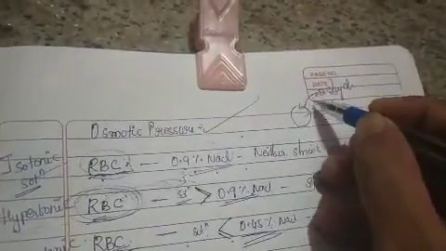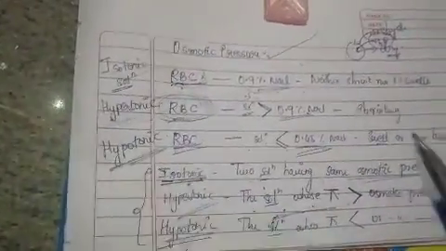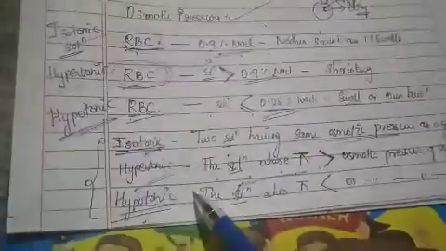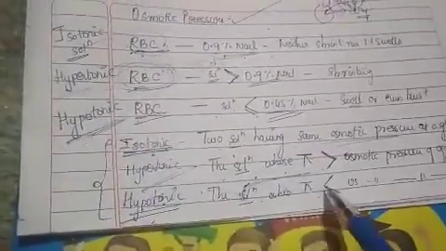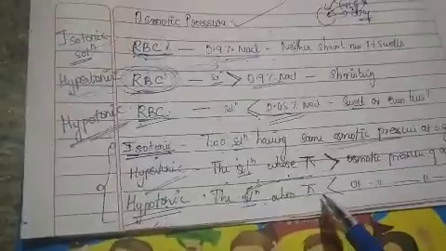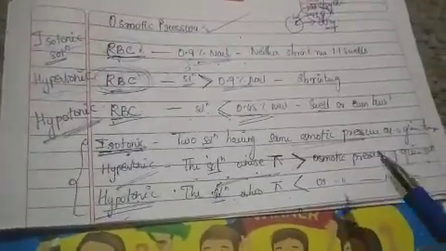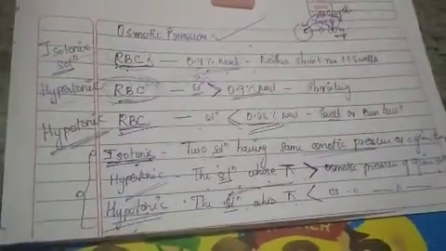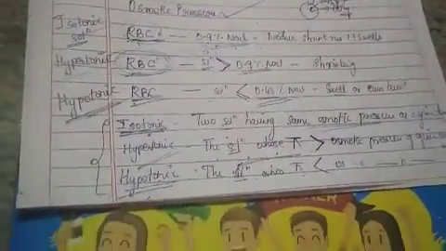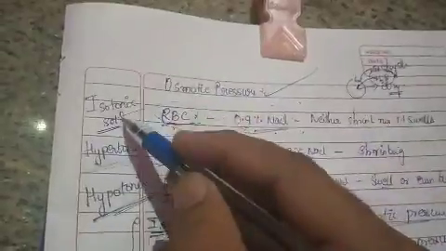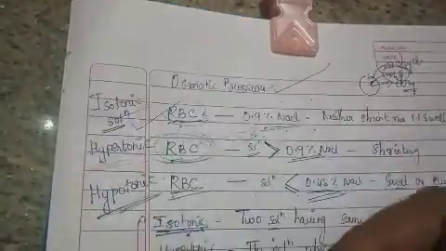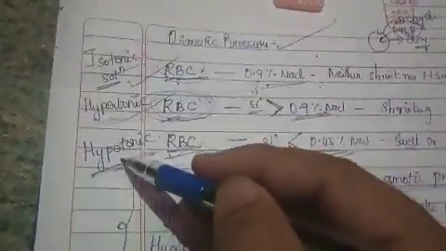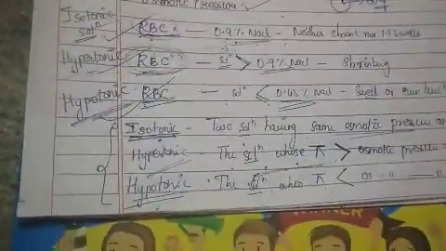That means there should be inward movement of water molecules. So in those cases we choose hypotonic solutions. In a hypotonic solution, the solution we have prepared will have a lesser osmotic pressure compared to the osmotic pressure of the given solution. So depending upon the osmotic pressures, we define three types of solution: isotonic solution, hypertonic solution, and hypotonic solution.